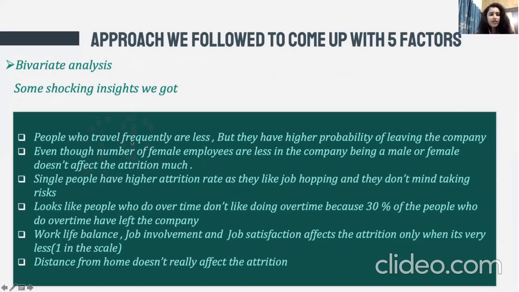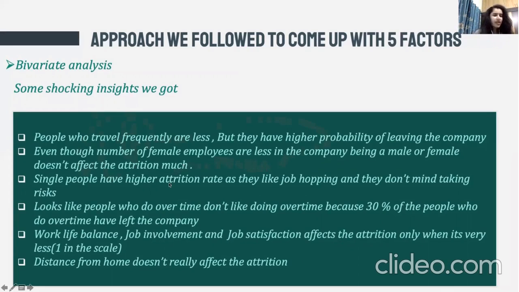For example, people who travel frequently were very few, but whoever traveled frequently had a very high probability of leaving the company. And even though the number of female employees is lower in the company, being male or female didn't really affect attrition much.